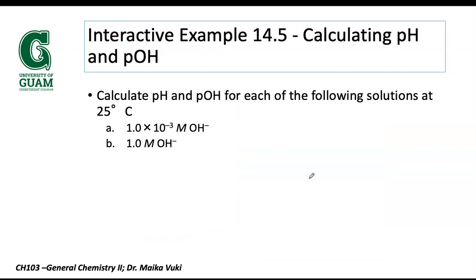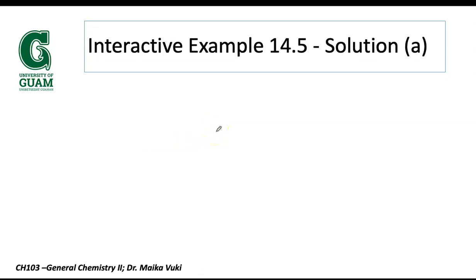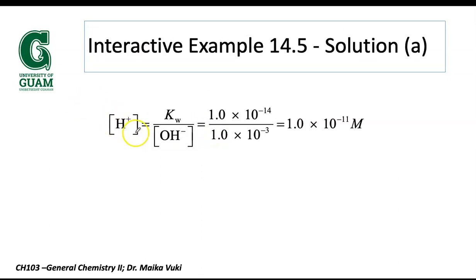Okay, one example here on calculating pH and pOH. Let's just look at that. So calculate the pH of this solution here. If you're given the hydroxide concentration, remember, you can find the hydrogen ion concentration. The reason is that pH is determined by the concentration of hydrogen ion.